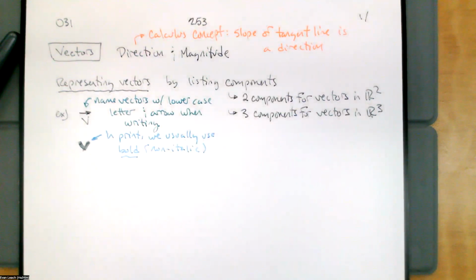Most often when we see vectors in print and they're bold, it's non-italic as well. If you use bold and italic for your vectors, I take off 1,000 points. I'm just kidding. It's no problem as long as we can tell what they are.